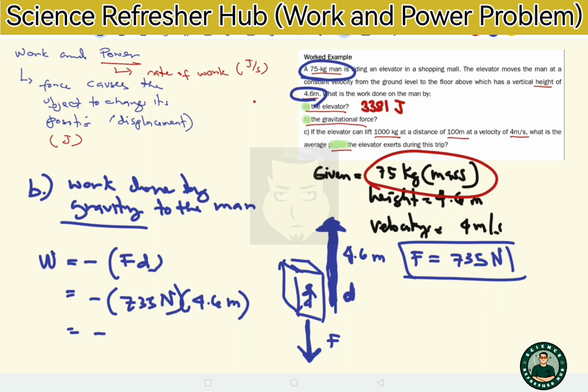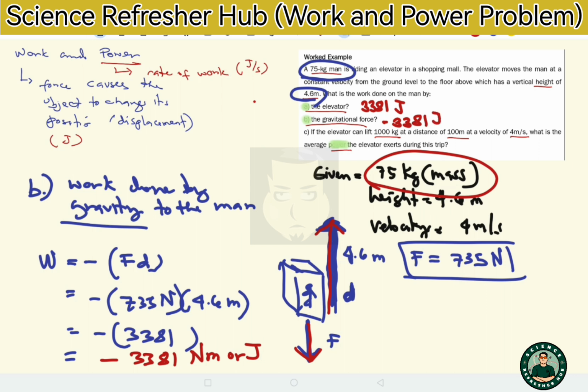We calculated it already. So the answer will be 3381. But this time it's going to be negative, negative Newton meter or joule, right? The direction of the force due to gravity is downward while displacement of our elevator is going up. Opposite direction, the answer will be negative. So we have negative 3381 joules.